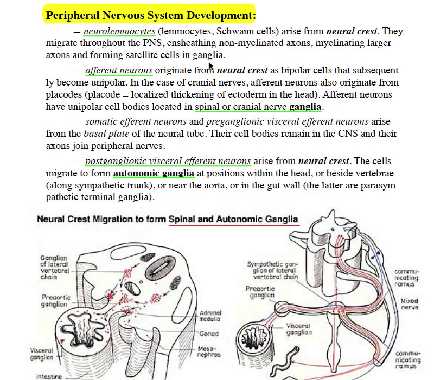It also forms satellite cells in autonomic ganglia. In the peripheral nervous system, all neurons need to be ensheathed or myelinated. This preserves the ionic milieu, so they have the correct proportion of ions for conduction. And so all peripheral nerve axons have to be protected by lemocytes.